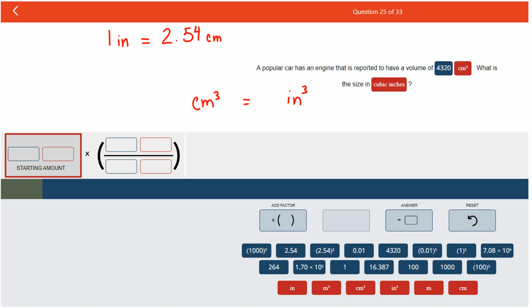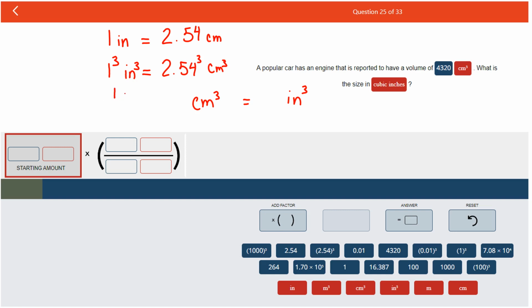All right, I have to cube it because right now those conversions are not cubed. So what I really have to look at is, I have to get my units to the right unit. So I'm going to use 1 cubed cubic inches, 2.54 cubic inches.